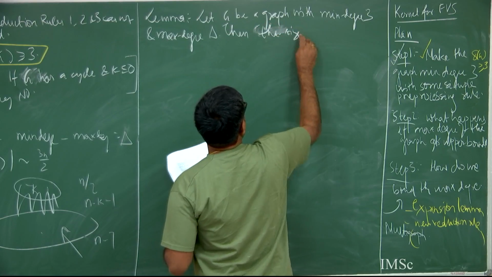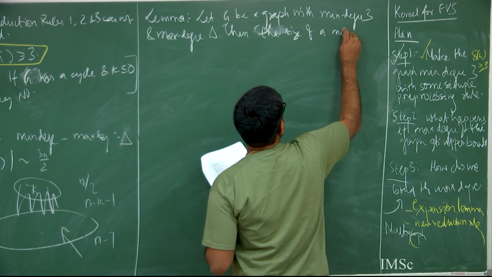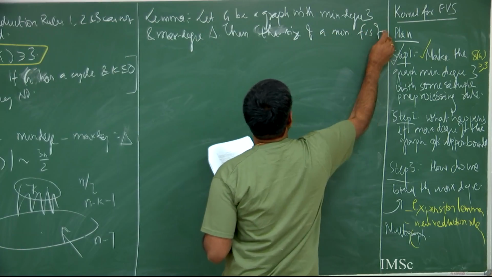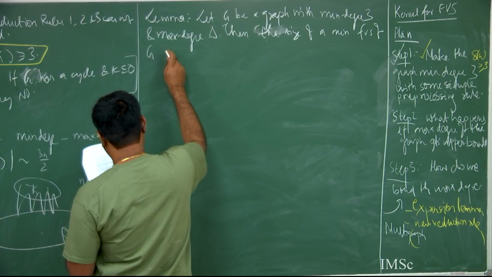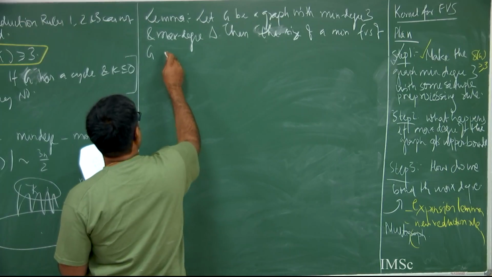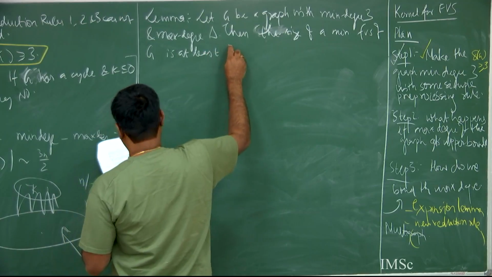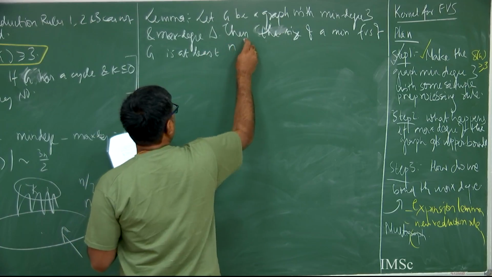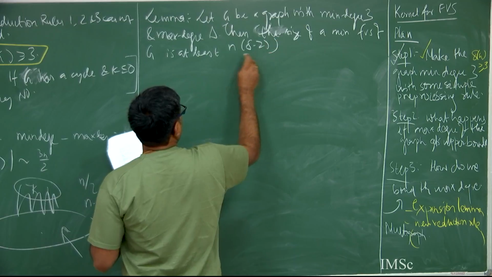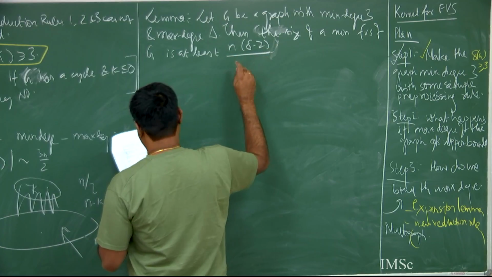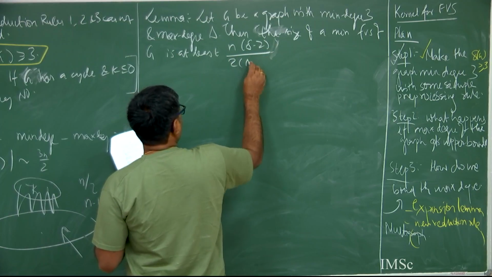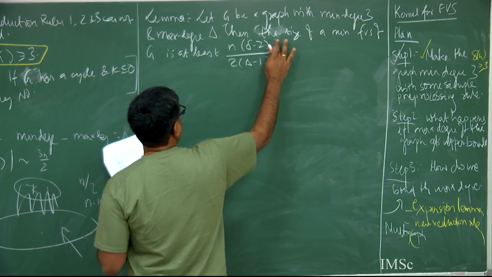Then the size of a minimum feedback vertex set of G is at least n over 2 delta.